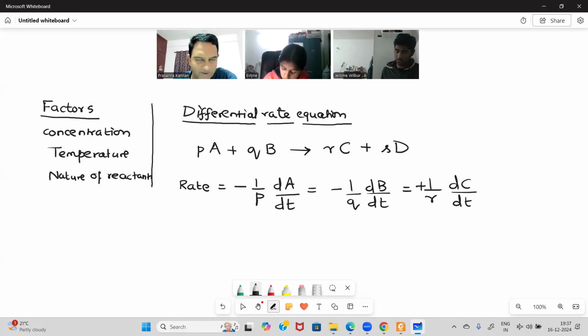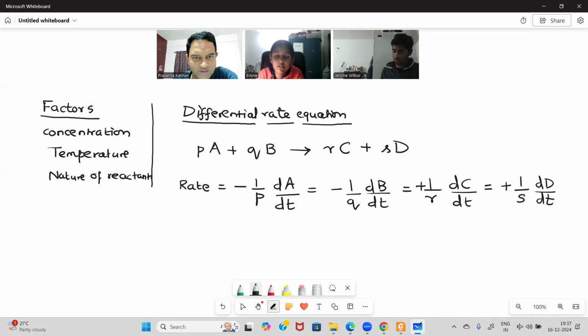It will be positive indeed because dC by dt is a positive quantity, because the concentration of products increases as time progresses in the reaction. More and more reactants convert to products. So reactants' concentration will decrease over time and products' concentration will increase over time.